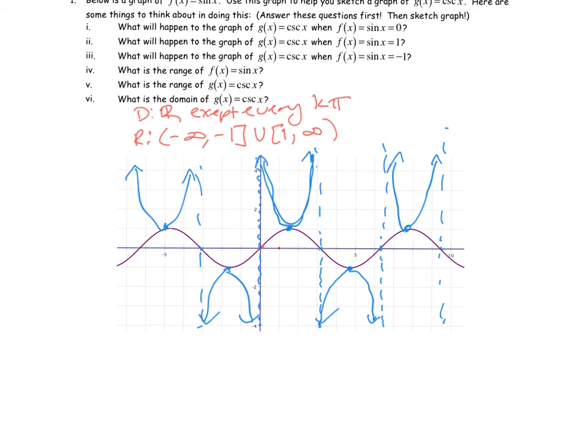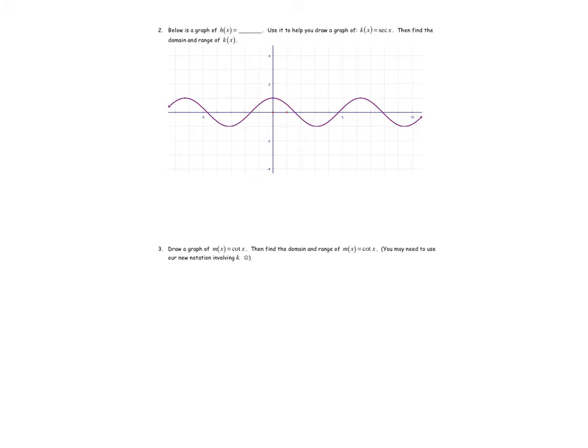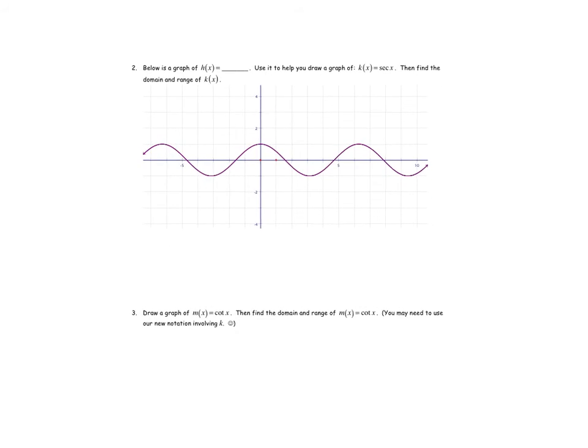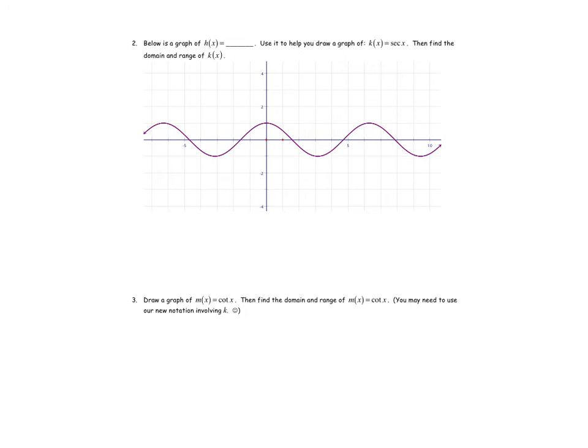All right, let's now go to secant. Okay, so here's a graph of cosine. And we're going to do a similar process here. And in fact, just like sine and cosine are a shift different from each other, the same is true of secant and cosecant.